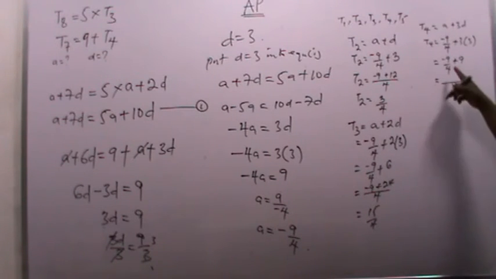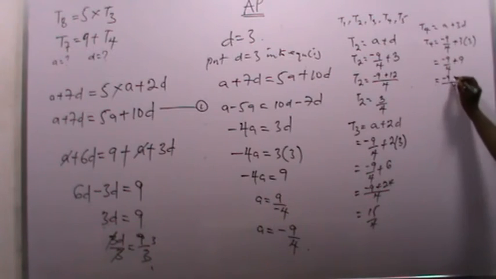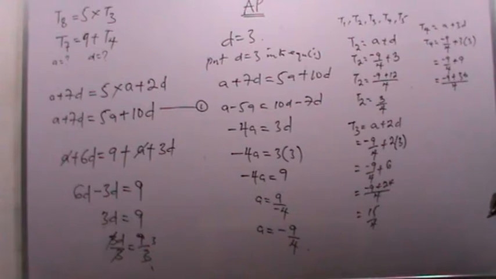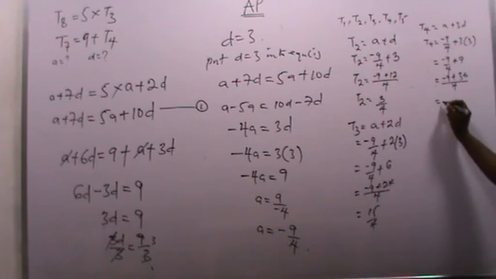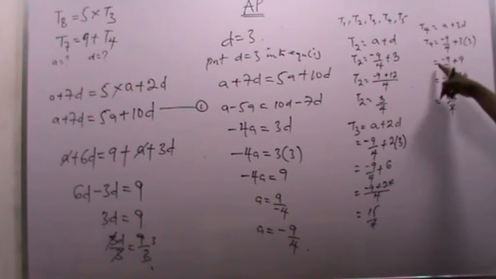LCM 4. 4 in 4, 1; 1 times minus 9, minus 9. Then plus 1 in 4, 4; 4 times 9 gives me 36. So you have 36 minus 9. That will give me 27 over 4. That is T4.